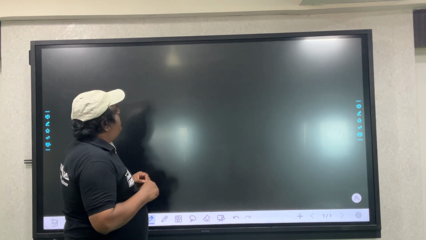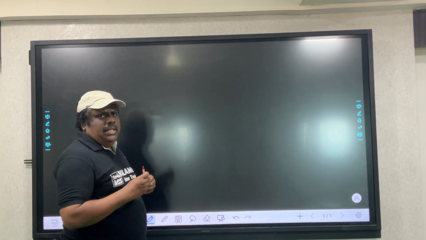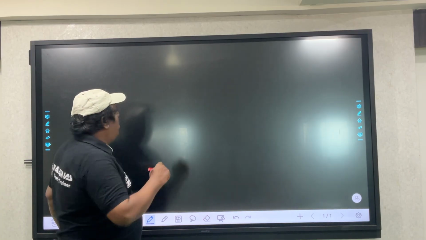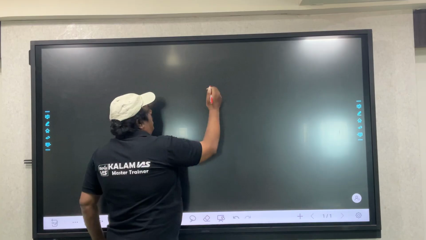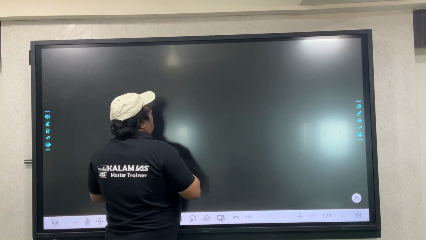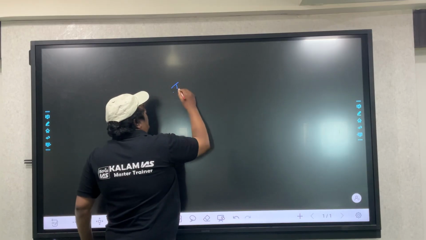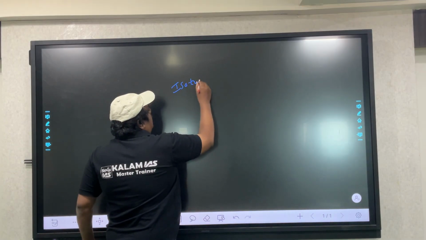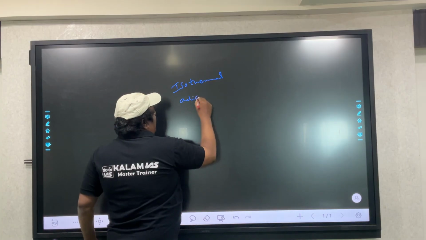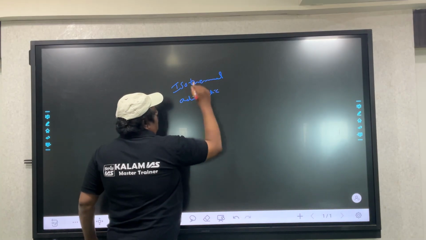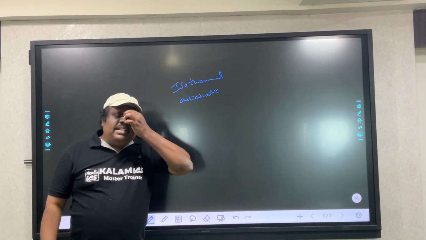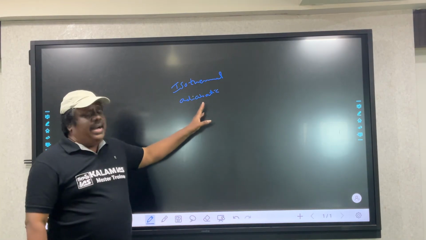Next one. After completion of these two laws, the important topic is how you can differentiate the processes. Two important processes are there. One is isothermal and another one is adiabatic. What are the main important differences between isothermal and adiabatic?